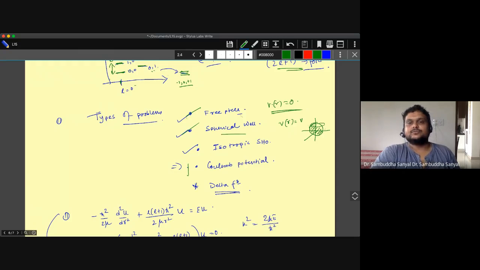So these are the infinite well, or spherical barrier, or spherical well problem. We'll also discuss the isotropic harmonic oscillator, where V(r) is half m omega square r square. The spherical infinite well and the harmonic oscillator are basically the same category of problem, because for both of them the potential goes to infinity as r goes to infinity.